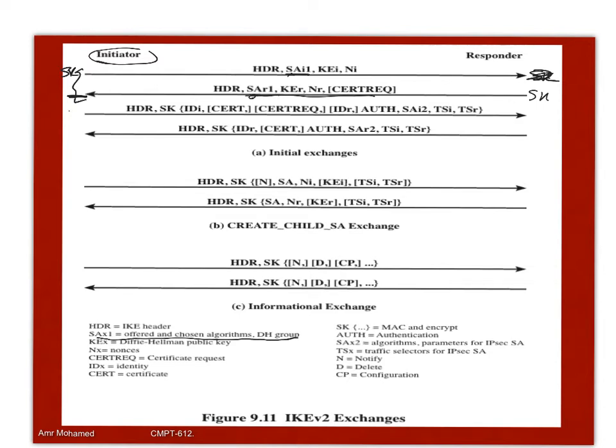This shared key will be used to encrypt all the upcoming messages. Remember, we have mitigated the replay attack. We have done the exchange of the public key, but we did not do the authentication. So the authentication comes after as a separate step in the case of IKE version 2.